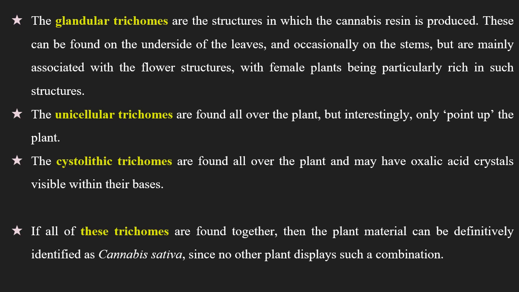If all of these three trichomes are found together, then the plant material can definitely be identified as cannabis sativa, since no other plants display such a combination. The presence of these trichomes will confirm that the herbal material which is obtained is a cannabis sativa plant.